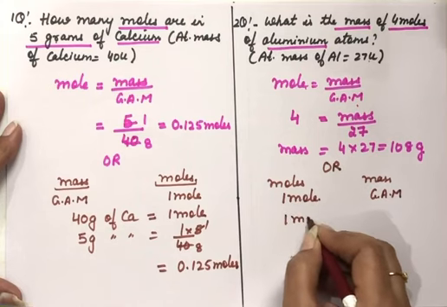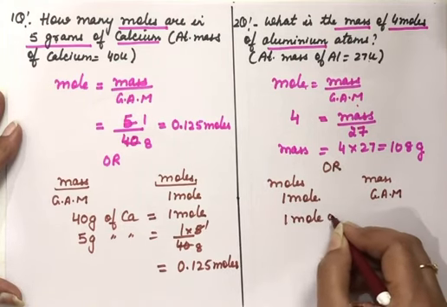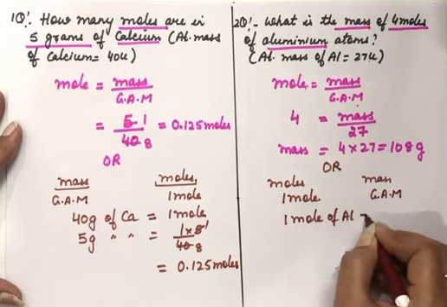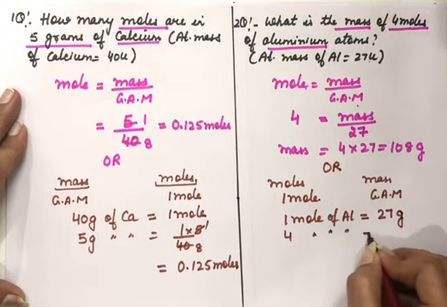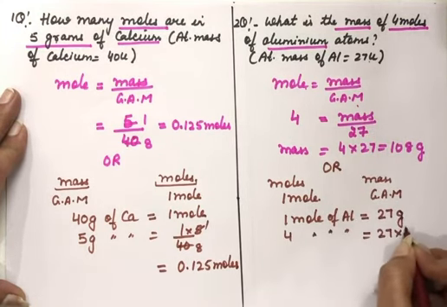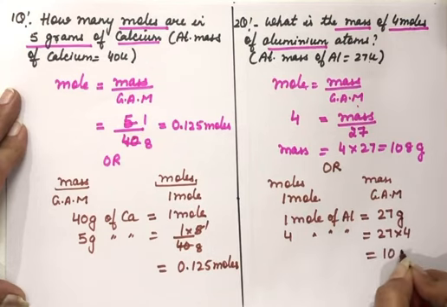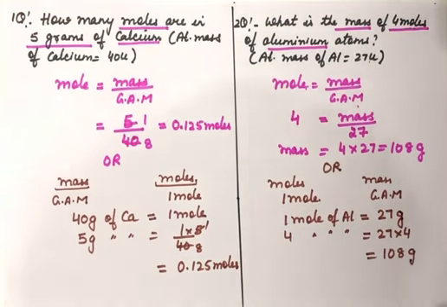So 1 mole of aluminium is equal to its gram atomic mass, 27 grams. And in the question 4 moles are given. In 4 moles of aluminium we have to find out the mass. So it's 27 into 4, that is equal to 108 grams. So using the formula or using the unitary method we can solve these questions.